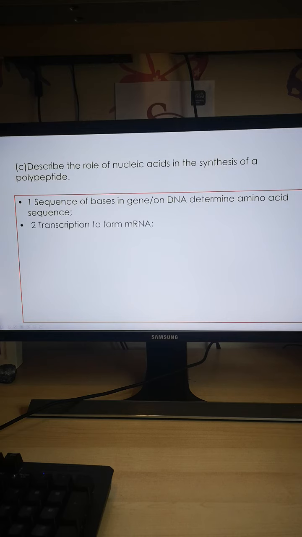A description of transcription of the base sequence of the gene into mRNA, and that the mRNA is split up into codons. Each codon coding for one amino acid, I would add in there.